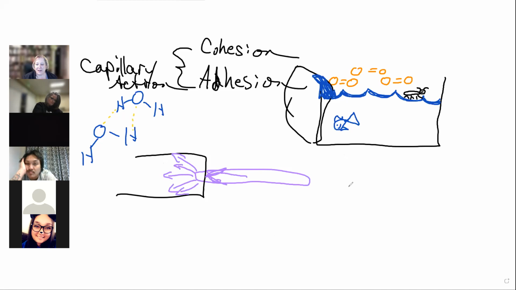So if you're a diabetic and you don't have the fancy new stuff to test your blood, traditionally you prick your finger, you stick the paper in it, and we plan on that blood wicking up into the paper. Okay. Capillary action. Okay. Also with trees, that's how water gets from the roots clear up, in the case of giant sequoia, hundreds of feet high, up to the leaves. Cool, right?